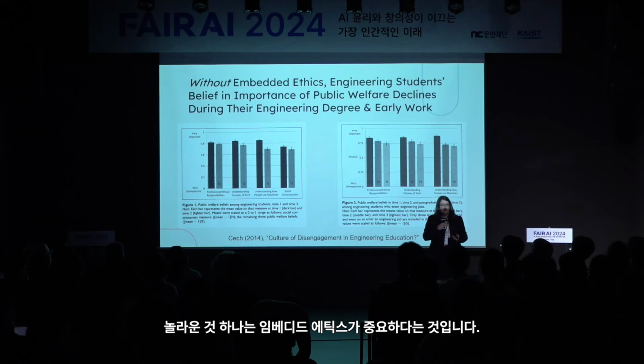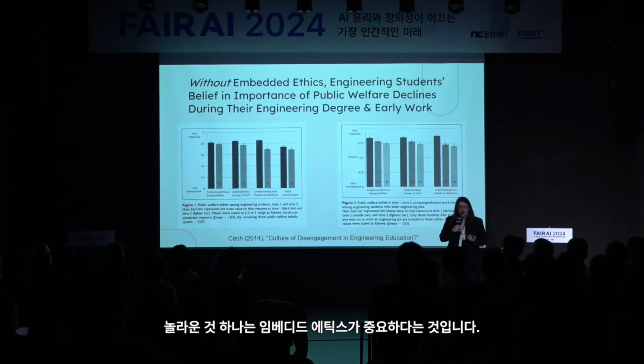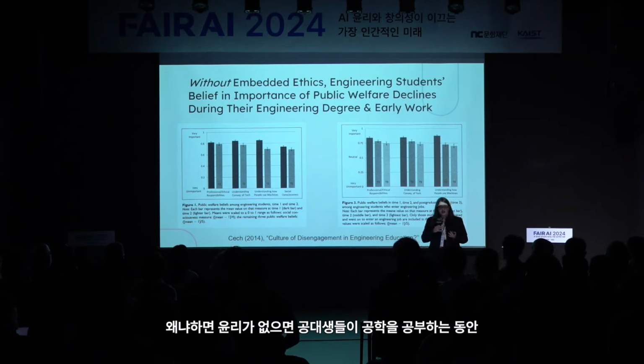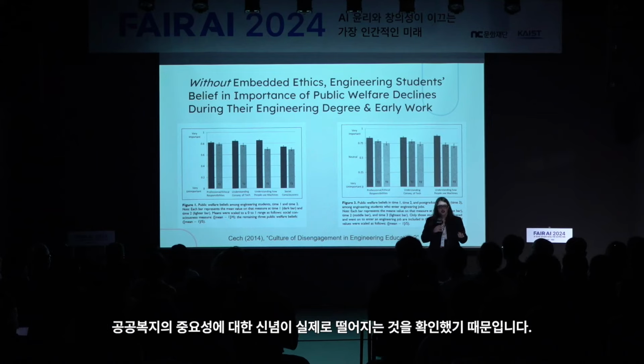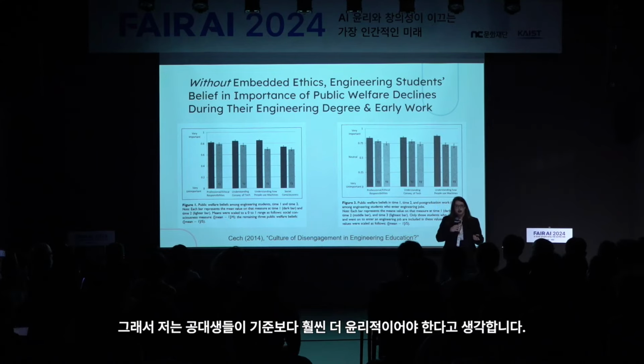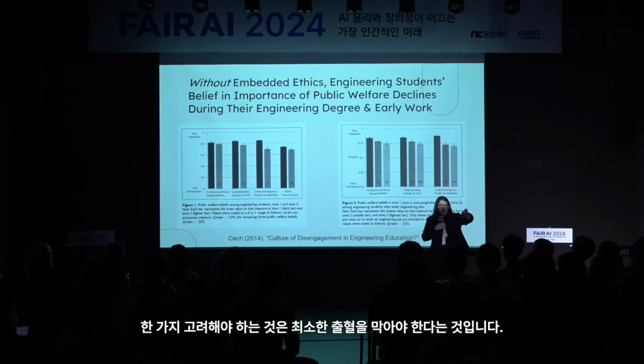So one of the things that I was really surprised to learn is that embedded ethics is important because without it, engineering students' belief in the importance of public welfare actually declines throughout their engineering degree. So I might have thought, we're trying to make engineering students more ethical than the baseline. But one way to think about it is, at the very least, we're trying to stop the bleed.